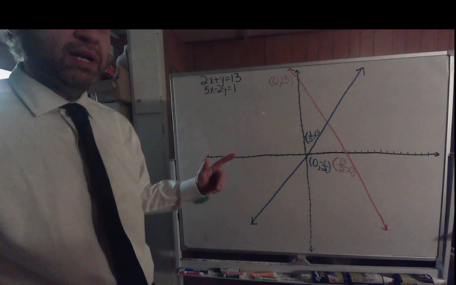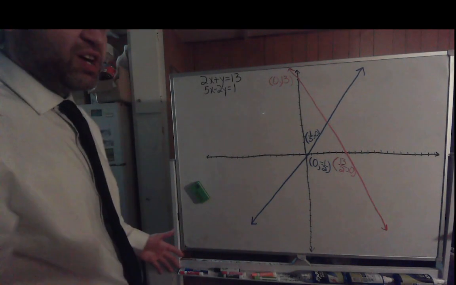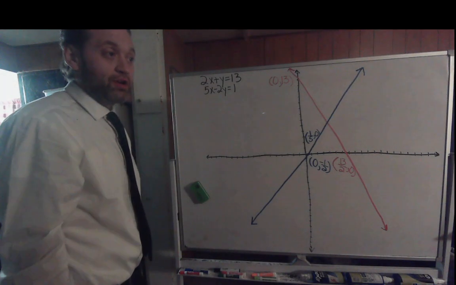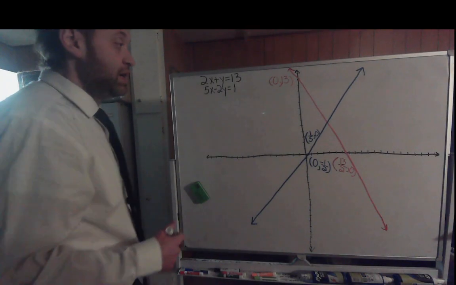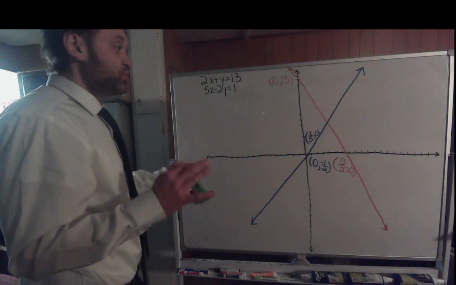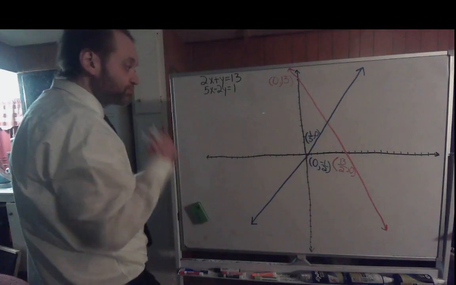You're going to be estimating. Or use graphing paper, which honestly, who uses graphing paper in 2026? I'm sure some do, but very few. But we're going to try to estimate where these two lines intersect.